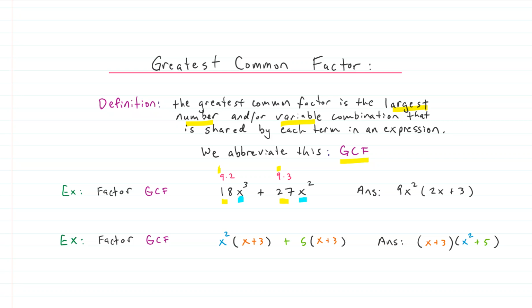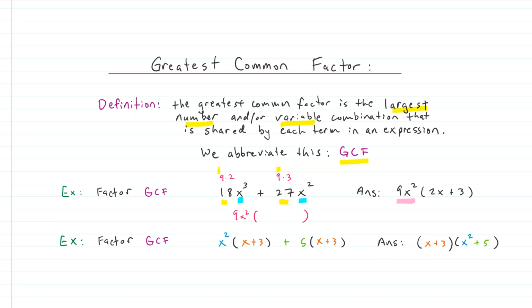So if I pull out 9x squared, what happens? If I pull out a 9 and I pull out an x squared, what's left? Well, from the first term, we pulled out the 9, so the 9's gone, and we have a 2 left over, and we pulled out 2 of the x's. That means we just have 1 left over, so we just have x.